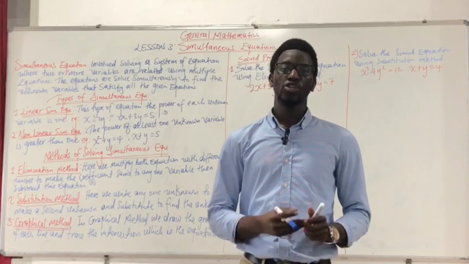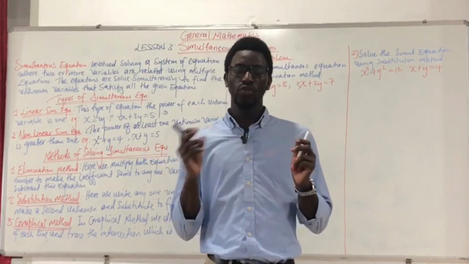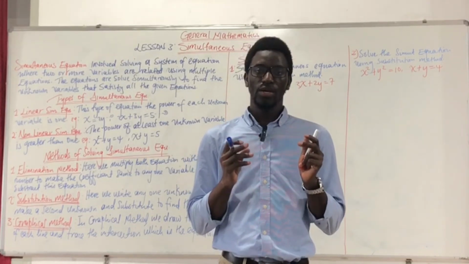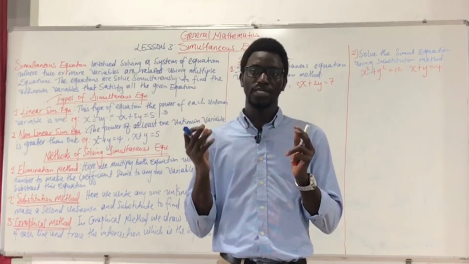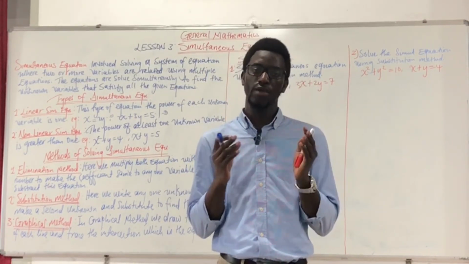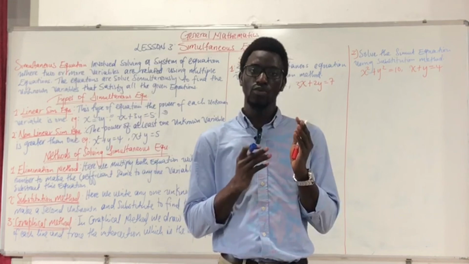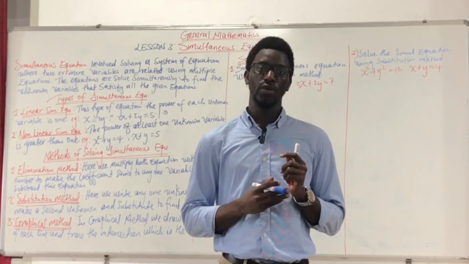But what is the elimination method? For the elimination method, with these two equations, we add or subtract the equations, applying logic using the coefficients of the variables so that we eliminate one of the variables in the equation.